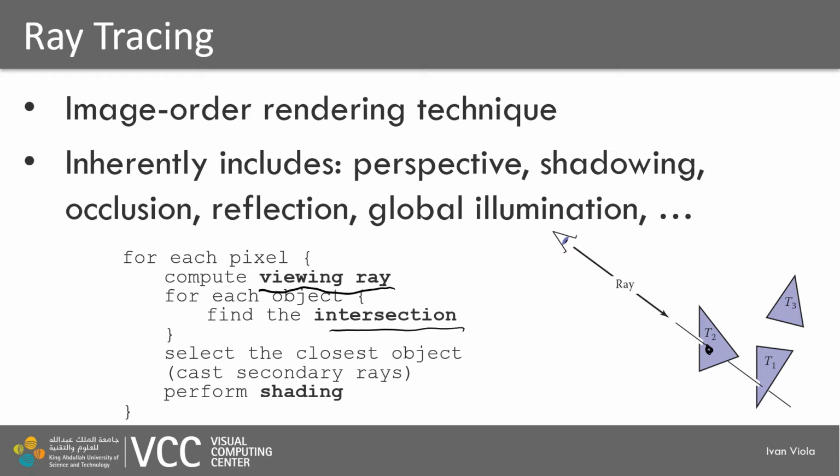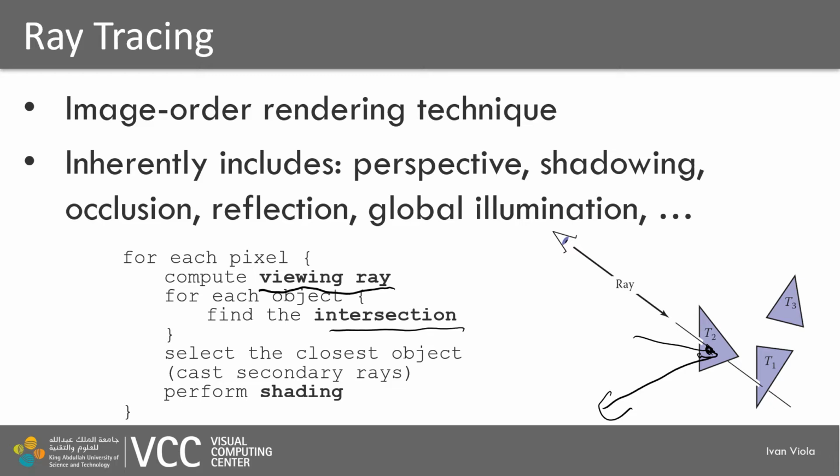Once we have that intersection, then we are calculating how much this pixel is illuminated or how much it is in shadow. And from here, we can continue calculating, for example, secondary rays. So if this would be the normal at this particular position, then the secondary rays will be calculated to determine how much this light is reflected towards the eye eventually.